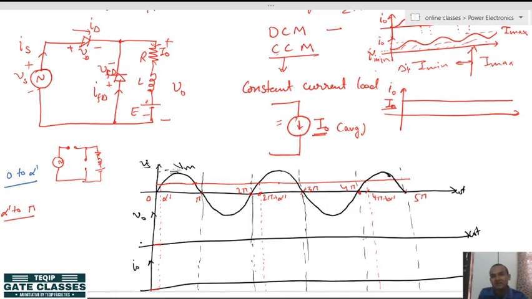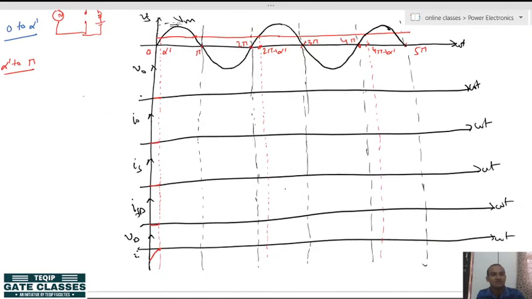So when the diode D is forward biased, you can see this freewheeling diode is automatically reverse biased, because when this is forward biased, this is shorted. So this positive side of the supply is here and negative side of the supply is here, hence this freewheeling diode will become reverse biased. So in this case, diode is on, but freewheeling diode is off.